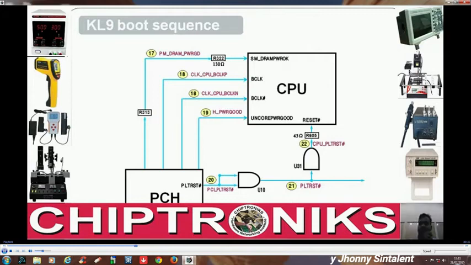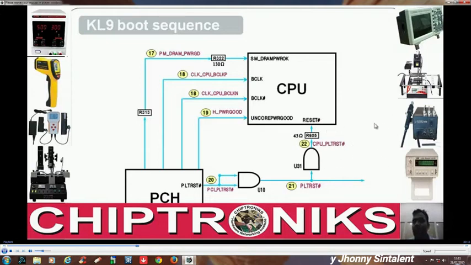So I think we get an idea how a notebook hard start operates, right? At some point I said hard reset. It's not hard reset, it's hard start. Hard start, soft start. So what is the final point of hard start?